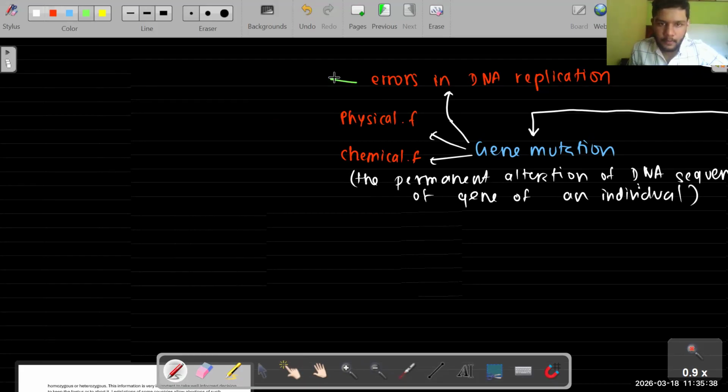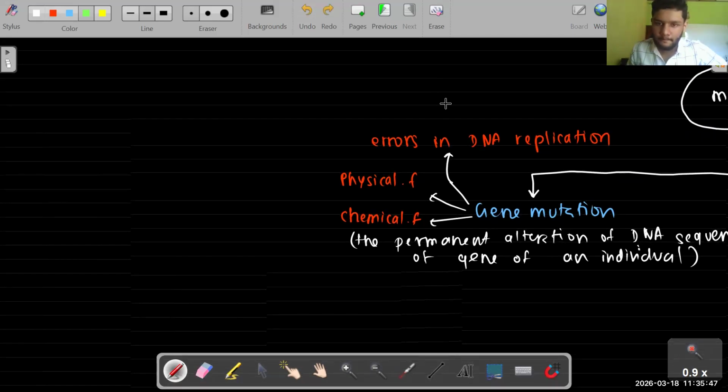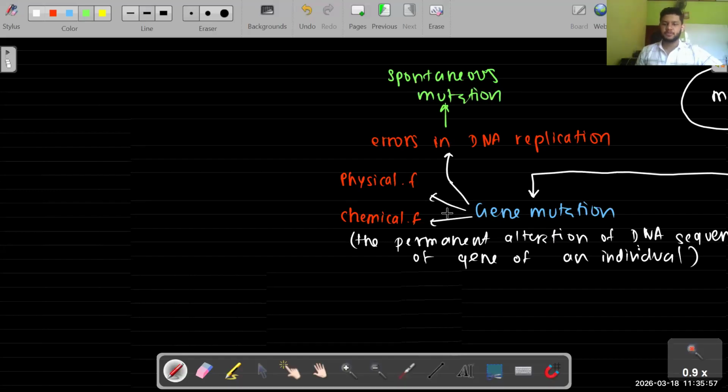They are called some sort of mutation. Can anyone remember? They are called spontaneous mutation. So gene mutations caused due to errors in DNA replication are called spontaneous mutation.